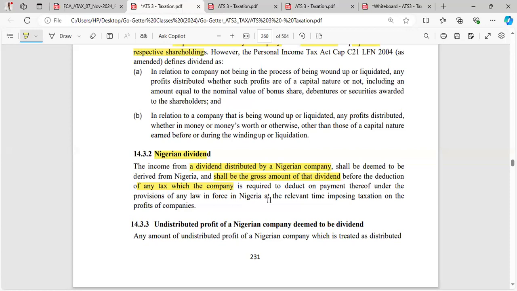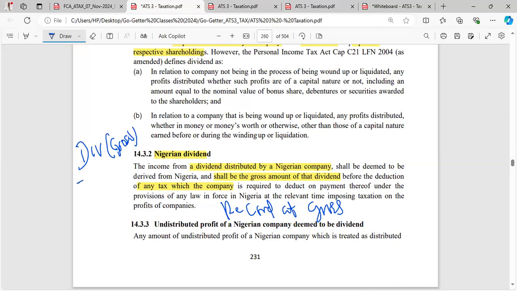And dividend is recorded at gross. What do we mean? What we mean is this. If a Nigerian company is paying you dividends, which is gross, they are supposed to give you gross, but they will not give you gross.